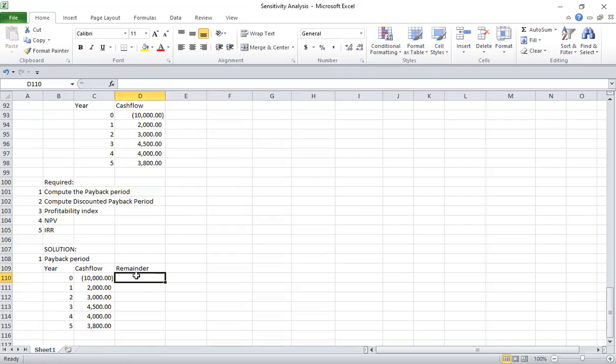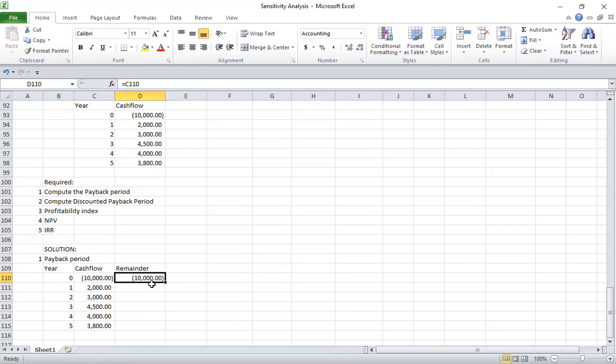In period 0, that is when we invest the 10,000 shillings. When you come to period 1, we are now recovering 2,000 shillings, which means that out of the total investment of 10,000, what will remain will be 8,000 shillings.